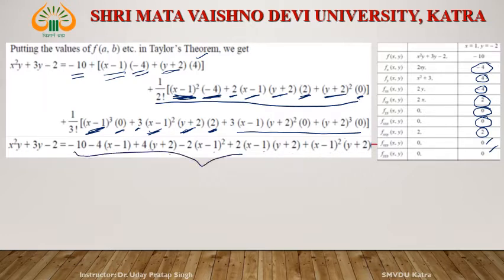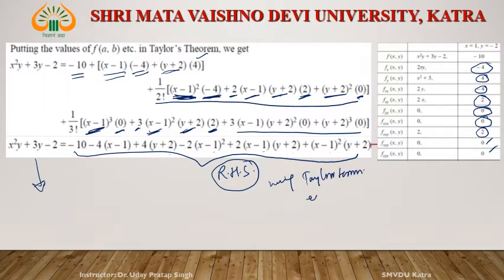If you simplify the RHS, then you find this. Okay. Then how did we obtain the RHS? Using the Taylor series expansion.